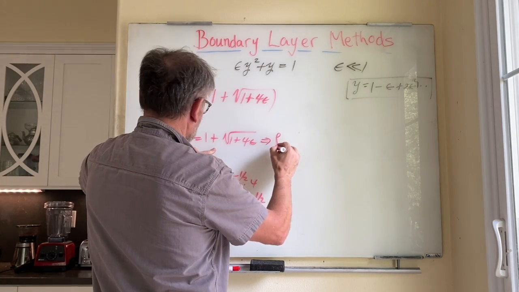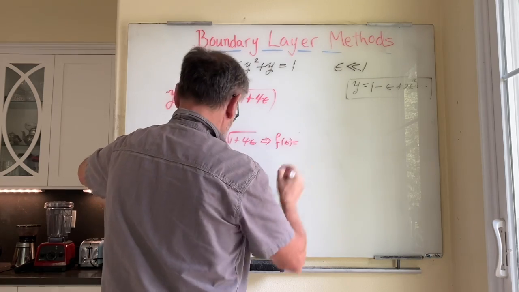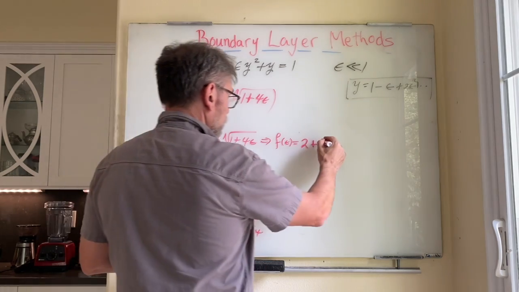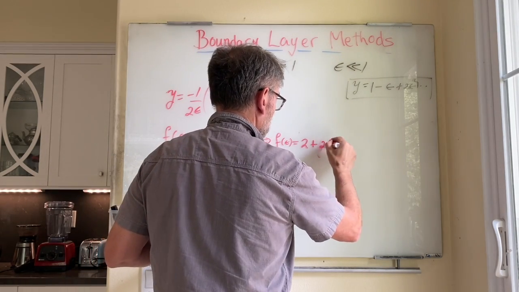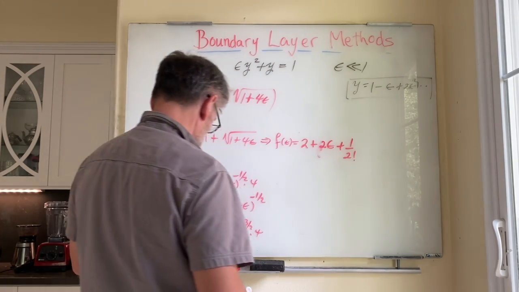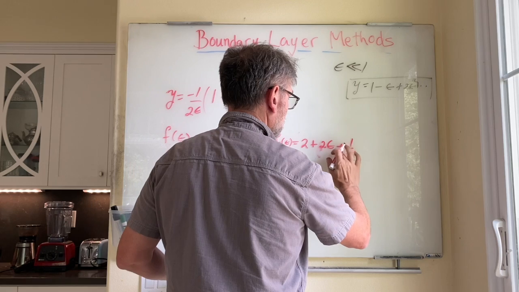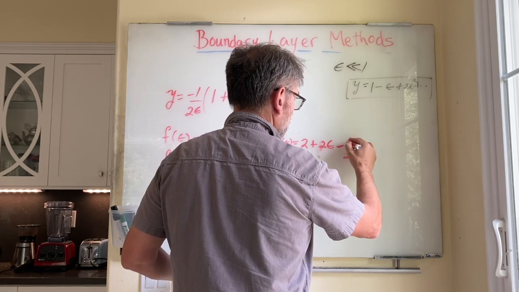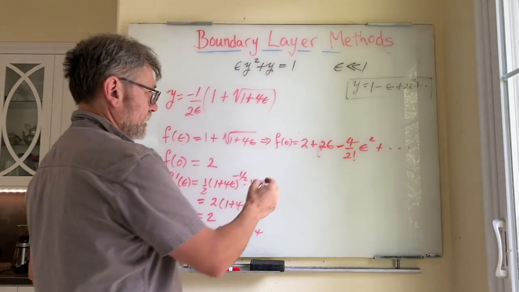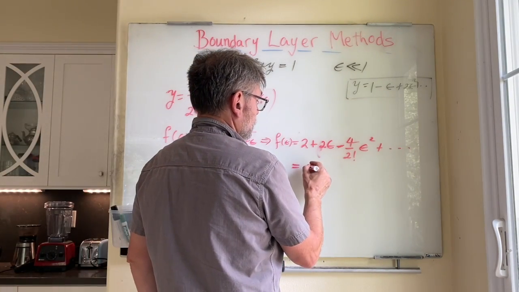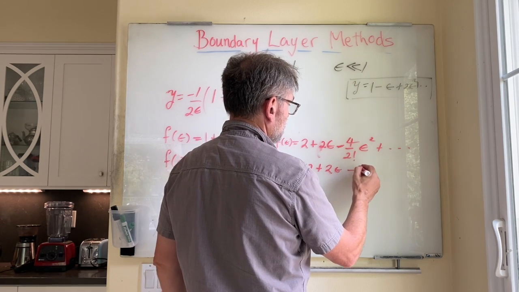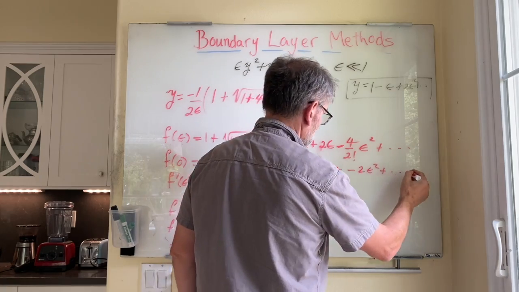So f of epsilon is equal to 2 plus 2 times epsilon plus 1 over 2 factorial times minus 4 epsilon squared plus dot dot dot. So this is equal to 2 plus 2 epsilon minus 2 epsilon squared plus dot dot dot.